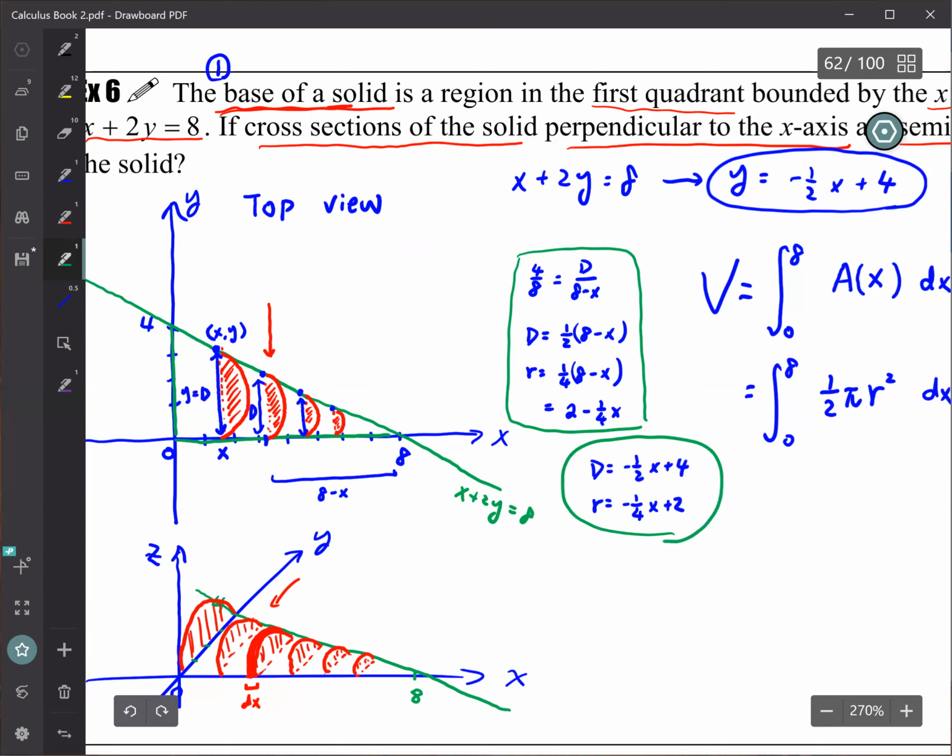Okay, we have the radius using Jeffy's way, or the radius using the equation of the line. So that way you don't need to set up a ratio if that idea didn't come to your mind. Any questions? Can you raise your hand if you get this? Okay, 2 different ways to figure out the radius.